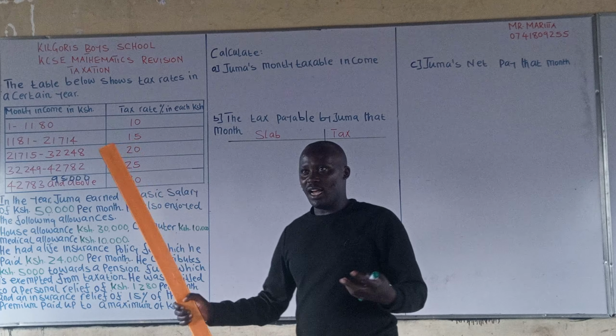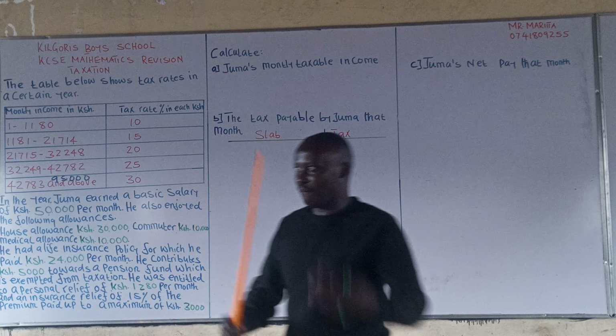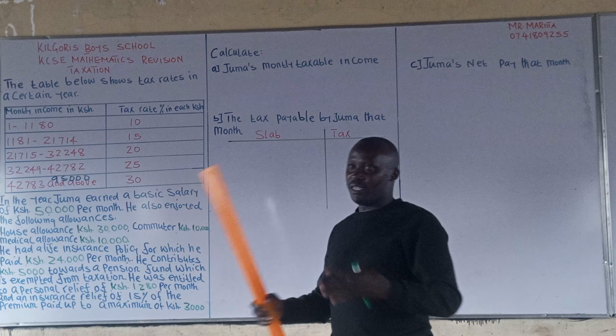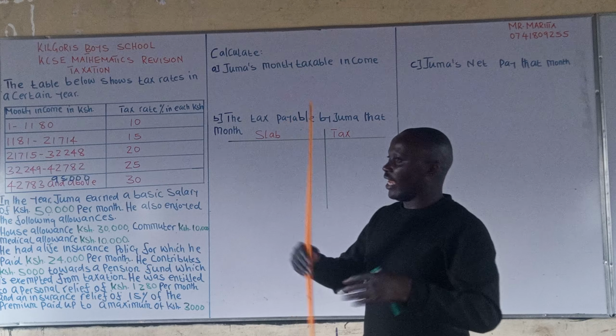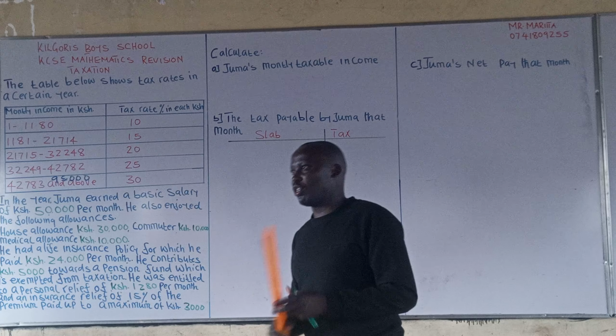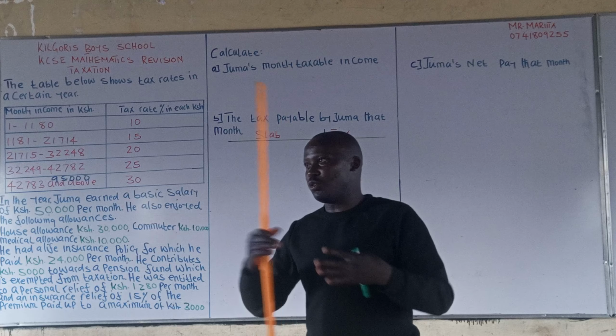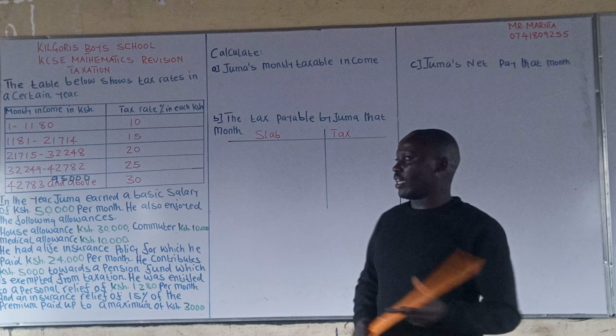In this case, you might be given the monthly taxable income in Kenya pounds, and therefore you will be given the rate in some amount of shillings per pound. Those are some of the kinds of questions that you will be facing on this tax.